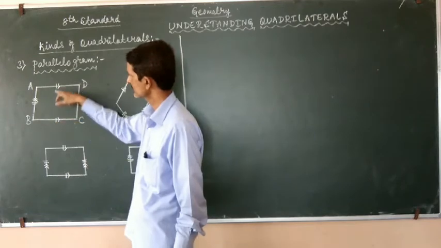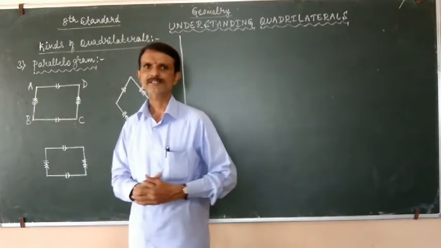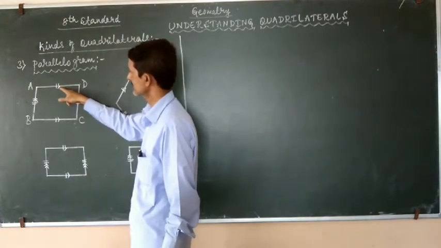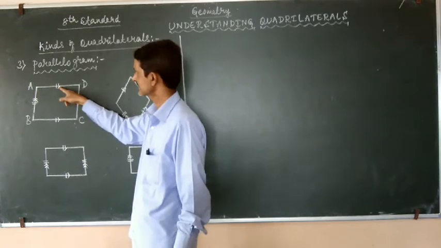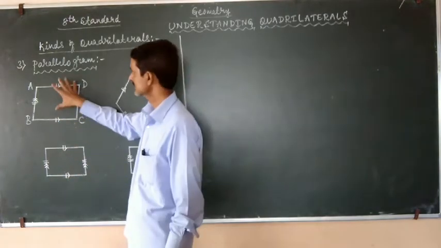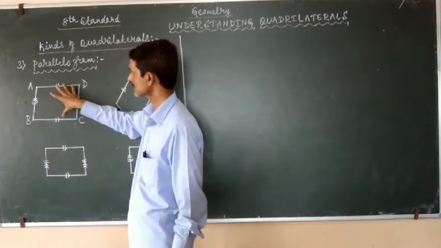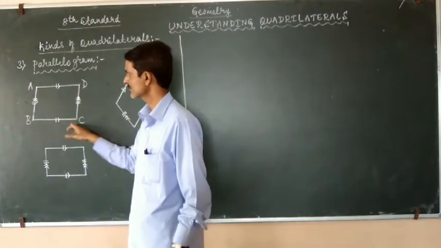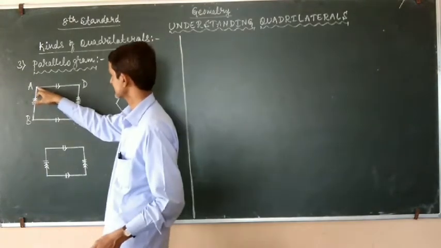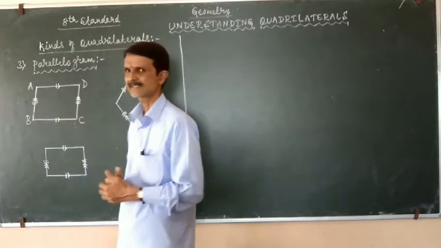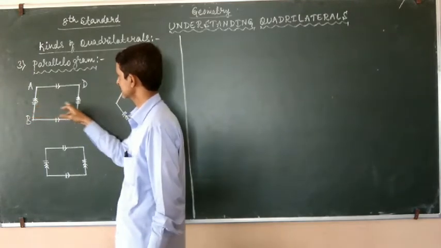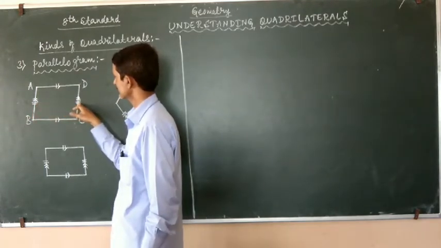So these two sides are equal. And also, if you observe clearly, a single arrow mark is there for AB and BC. It indicates that these two lines are parallel. AB is parallel to BC. And similarly, if you observe the sides AB and CD, it is marked as 2, 2.